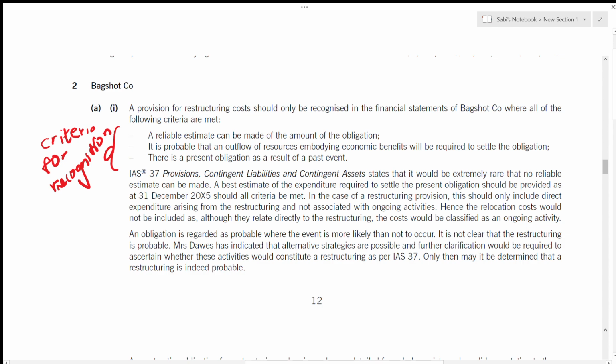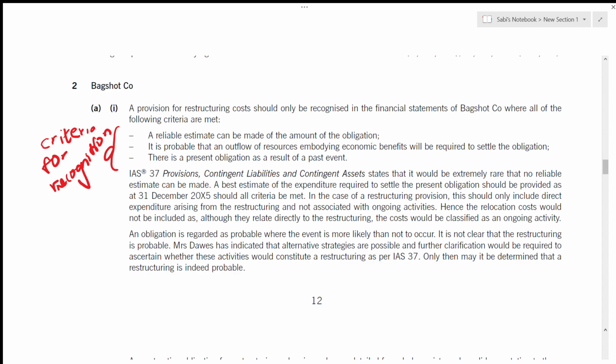So first you always have to mention, not in so much detail, the criteria for recognition. Then you have to say whether the items in your case study could be recognized based on the criteria. If they satisfy the criteria, yes, they can be recognized, otherwise they cannot. That's how you have to come up with an answer.